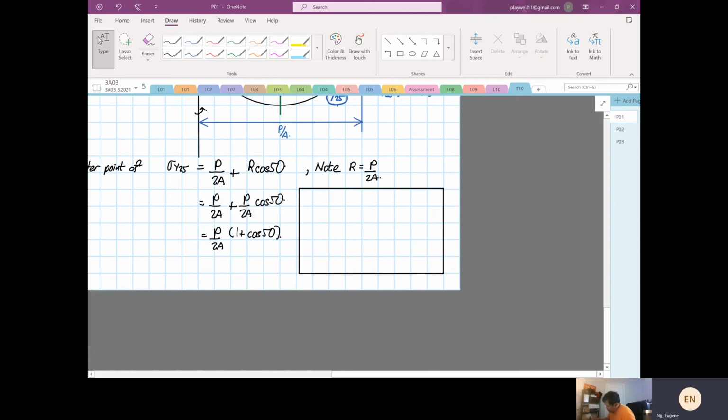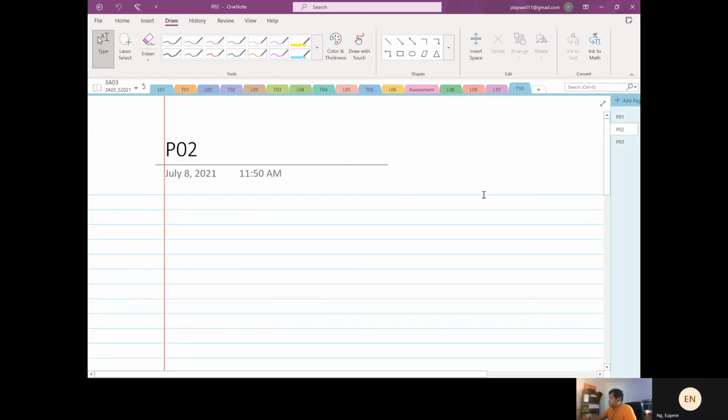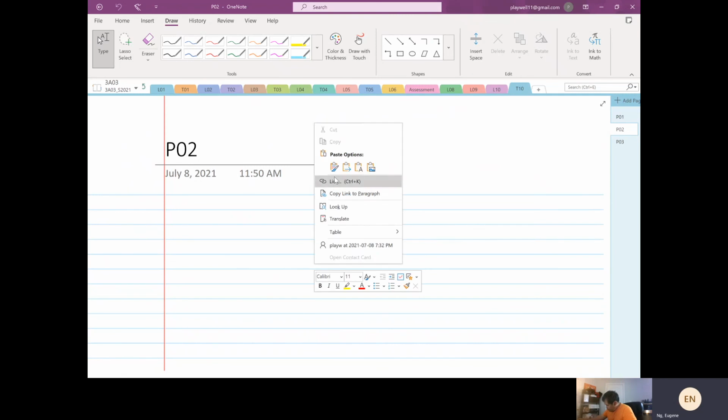So the shear Y25 is equal to R sine 50, which is also equal to P over 2A sine 50. So we have two equations. Now we can solve.